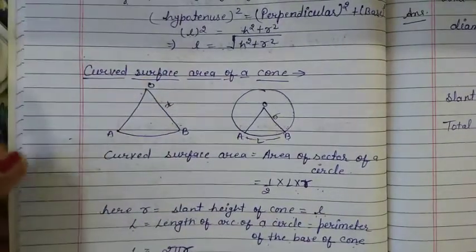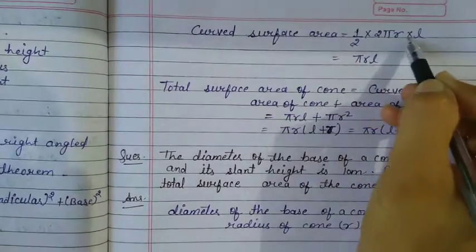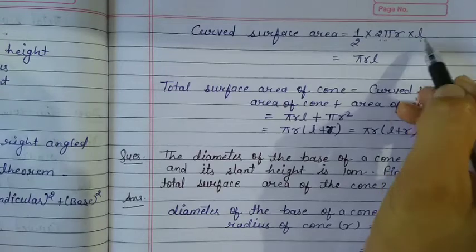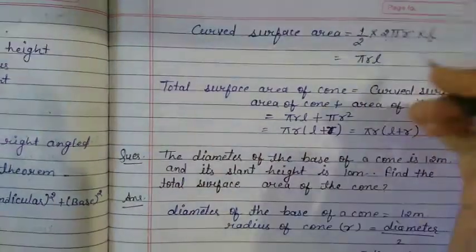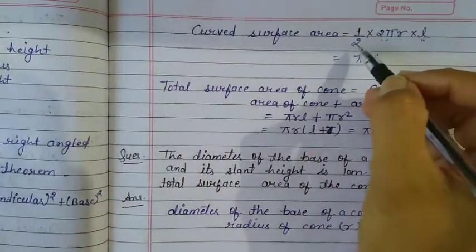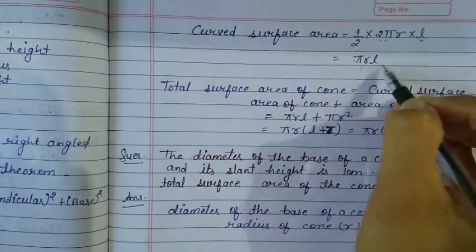So the curved surface area of a cone equals 1 by 2 into 2 pi r into L, which equals pi RL.